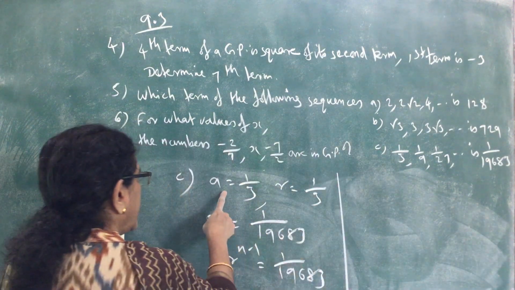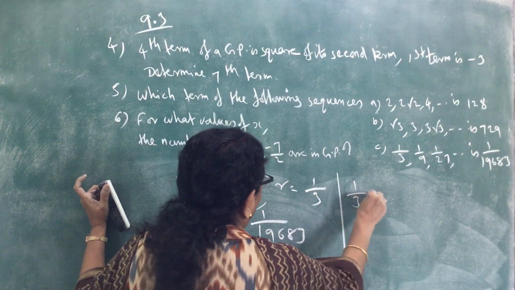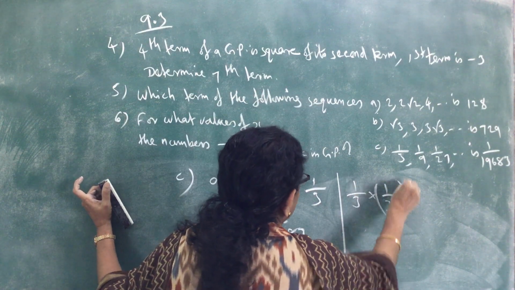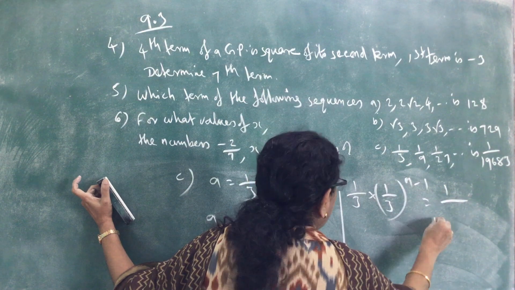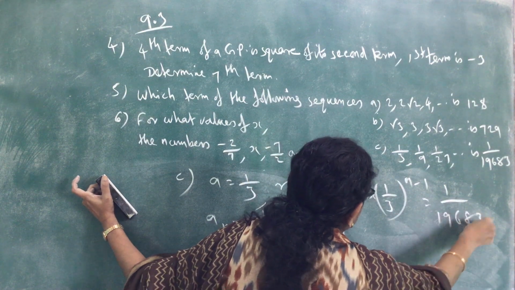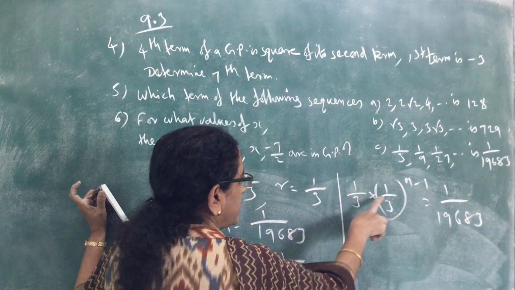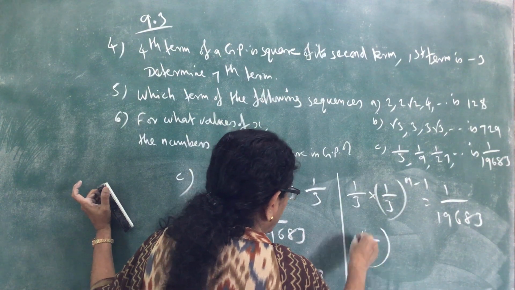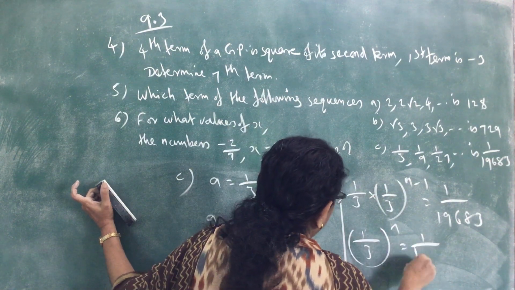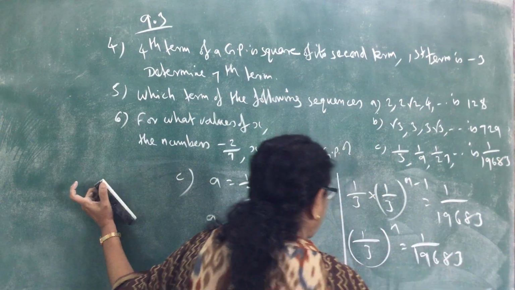So we can write 1 by 3 into 1 by 3 raised to n minus 1 equal to 1 by 19683. So A raised to m into A raised to n, 1 by 3 raised to n equal to 1 by 19683.